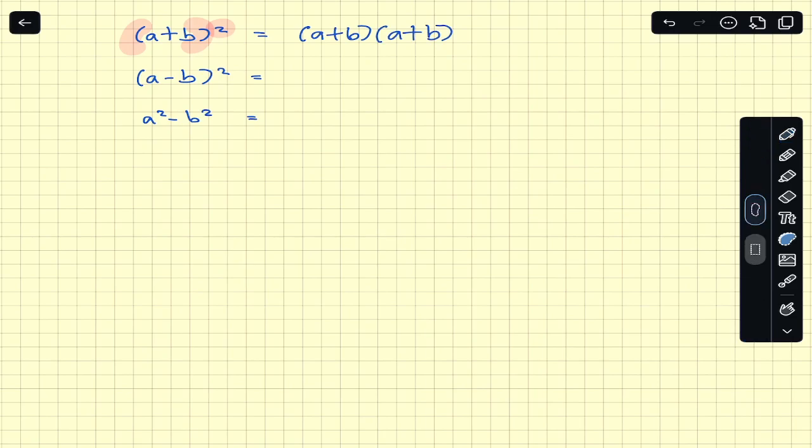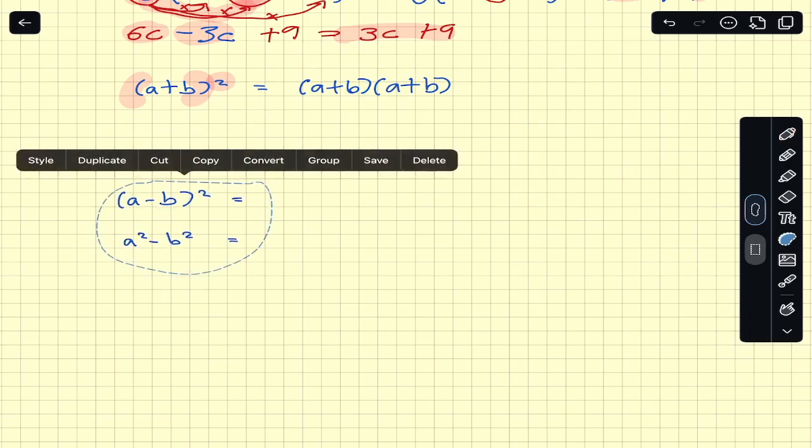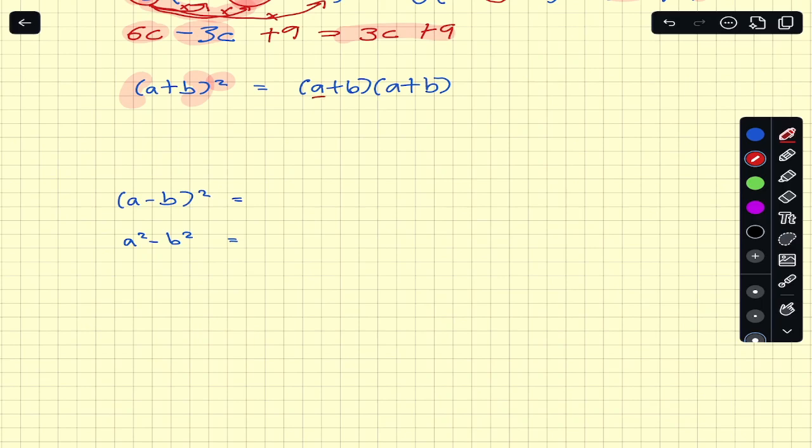Notice there's a times here in the middle, but I don't actually need to write it, because when you write terms side by side in brackets, the multiplication is assumed. So where do I go from here? These aren't like terms, a plus b times a plus b, so I can't collect any like terms.